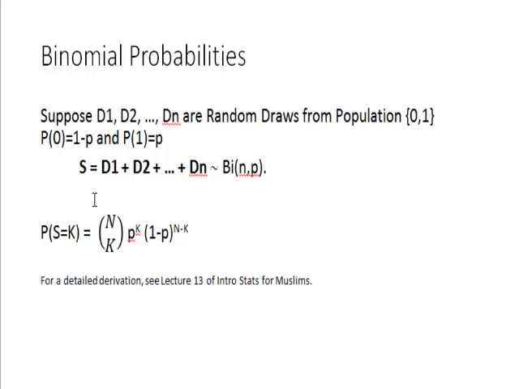So as a shorthand, I say, okay, we pick one with probability P, instead of writing out the details. Now, this 1 is called a success and 0 is called a failure. This is just to help us keep track of things.